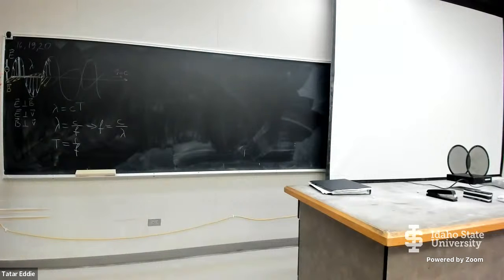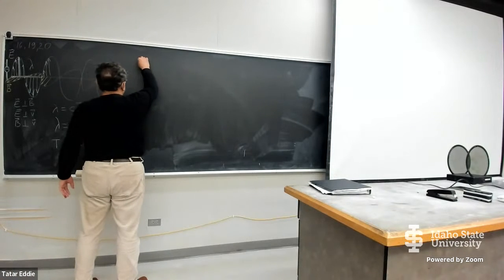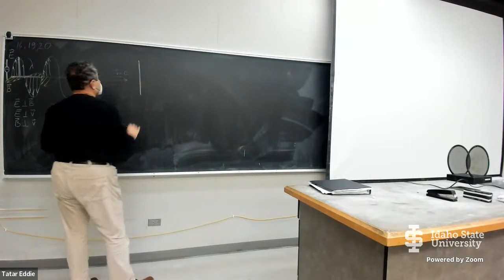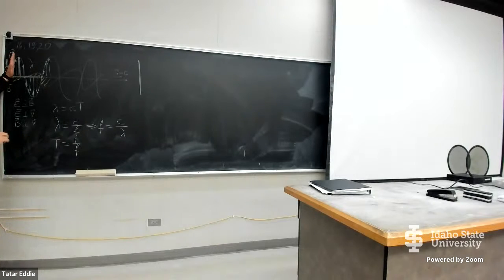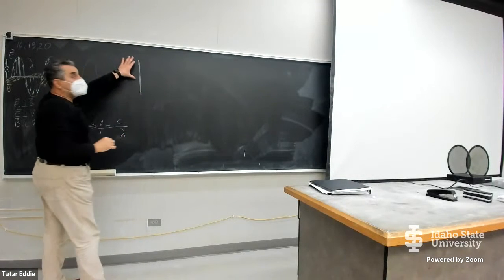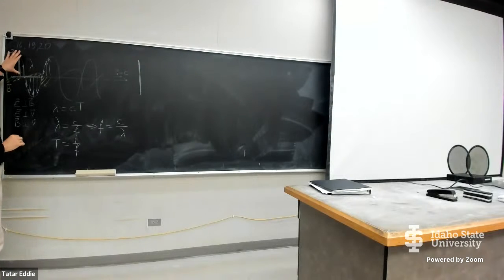Now, once you have this electromagnetic wave, for practical applications, it is important to know how to detect it. And in previous classes, we said that you detect it with RCL circuits like this. Well, if you want to have the best detection of the electric part of the electromagnetic wave, you better have an antenna that is a wire oriented along the direction of oscillations of the electric field.